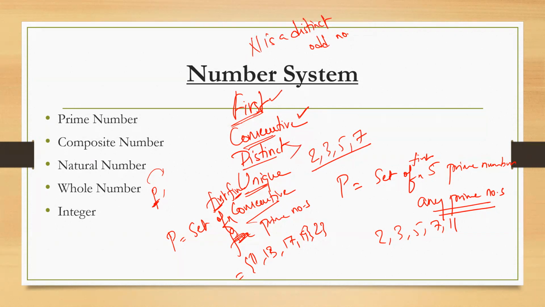Whatever value of n is there, it can only be one value. It has to be an odd number, but it will only take one such value. Are you getting this, everyone? If I say n is a distinct integer, n is a unique integer, it simply means what? Whatever be the value of n that I'm going to find out, the value of n has to be unique. It has to be only one value.